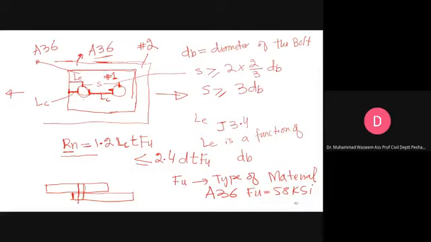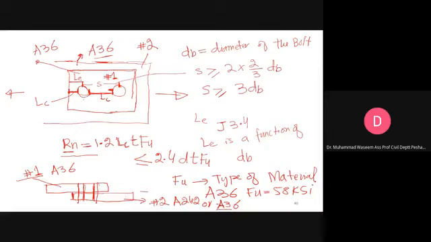Two fasteners, here and here. This is number 1 material, A36. Number 2 can be A242 or A36. If both are made of the same material, the calculation remains the same.